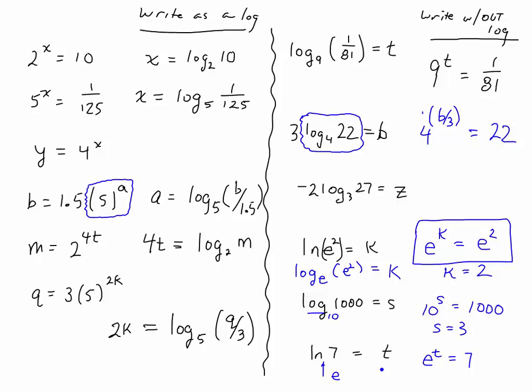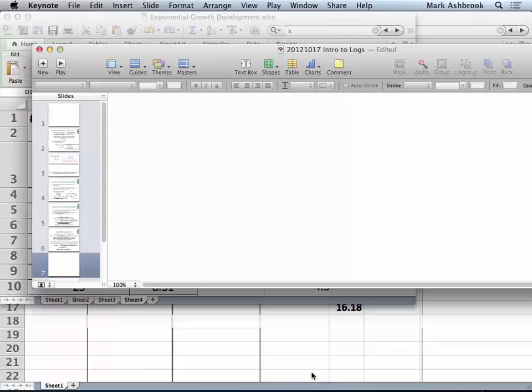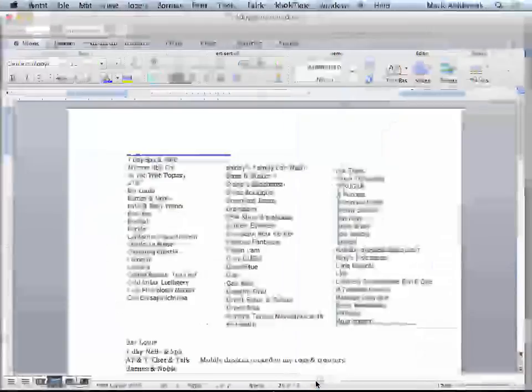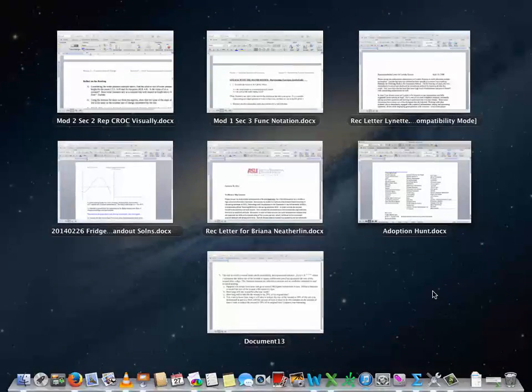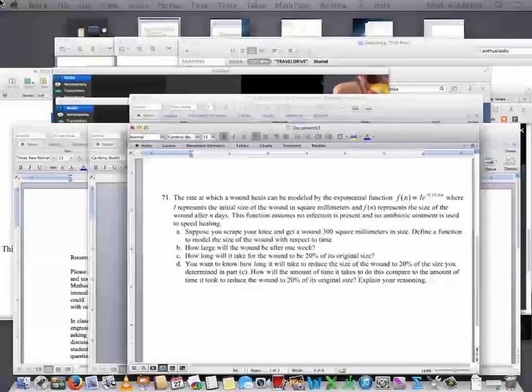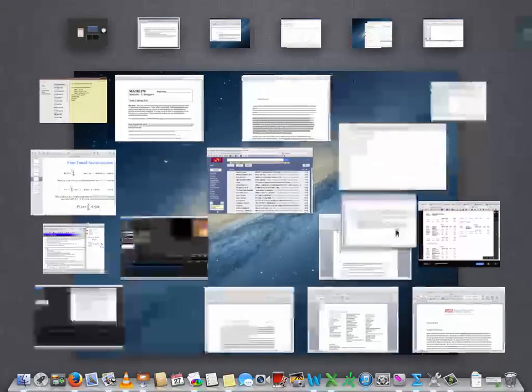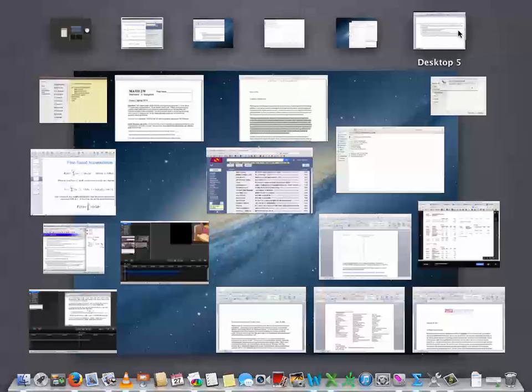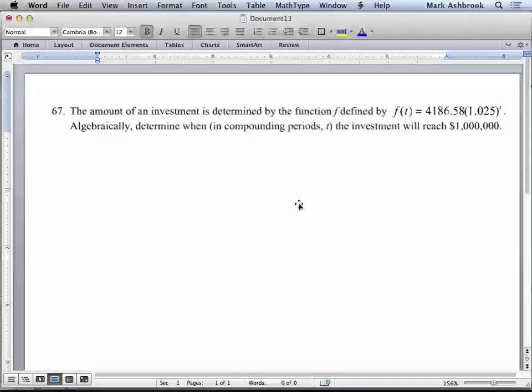So putting together our knowledge of logs and applications for exponential growth. Is this the problem you're looking at? We got the right one? Okay, go for it.